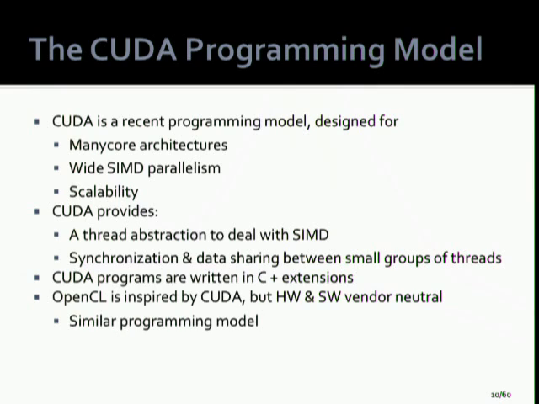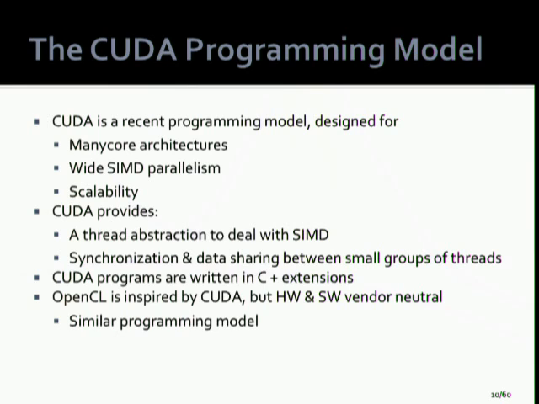So the question is, how relevant is CUDA to you? CUDA is a project from a single company. It comes from NVIDIA. The world is much bigger than one company. So OpenCL, which was a project which Apple was basically the one responsible for, takes the lessons from CUDA and applies them in a vendor-neutral way so that you can program any parallel architecture using the same kinds of ideas that CUDA has.